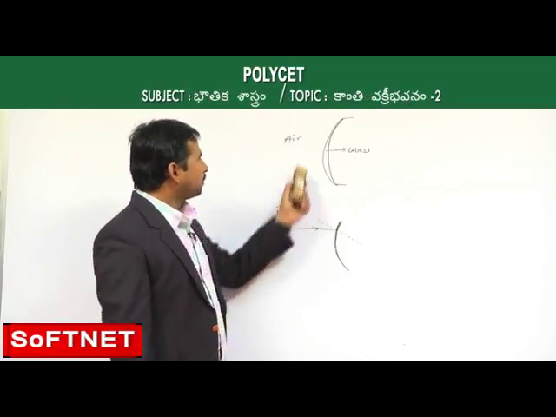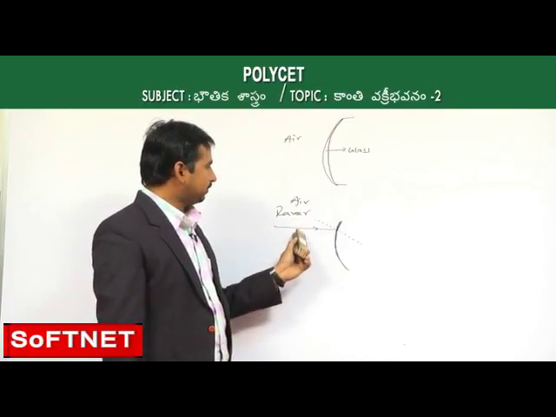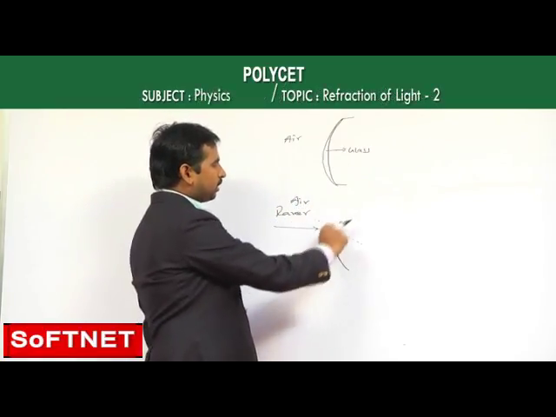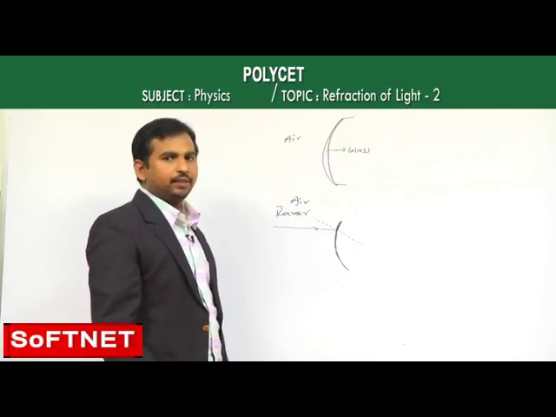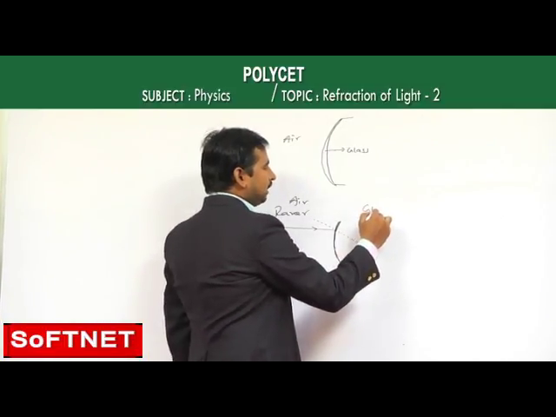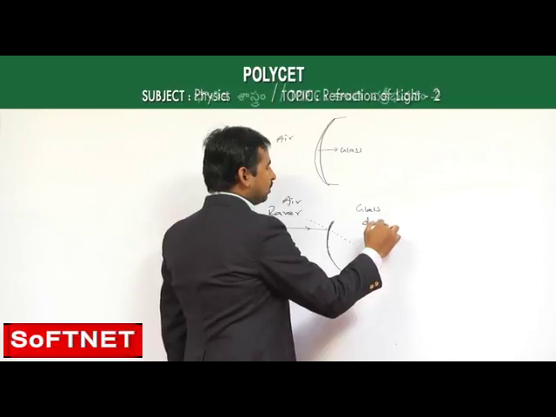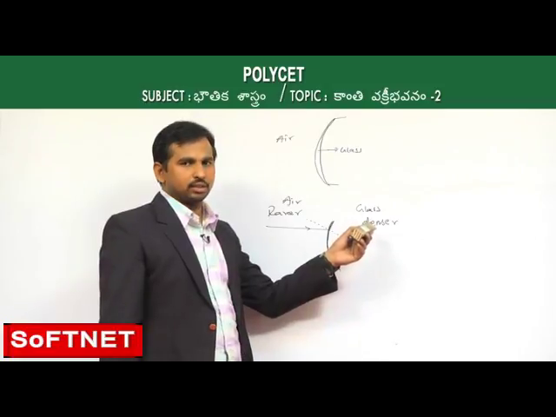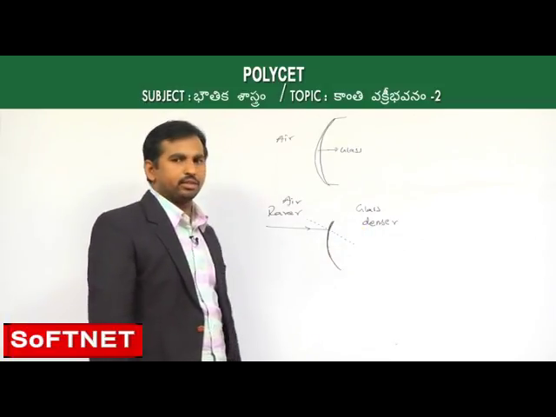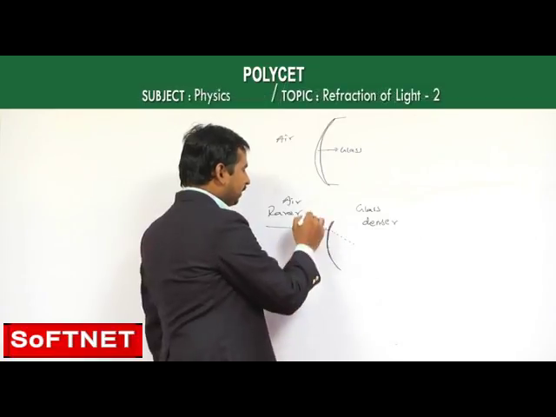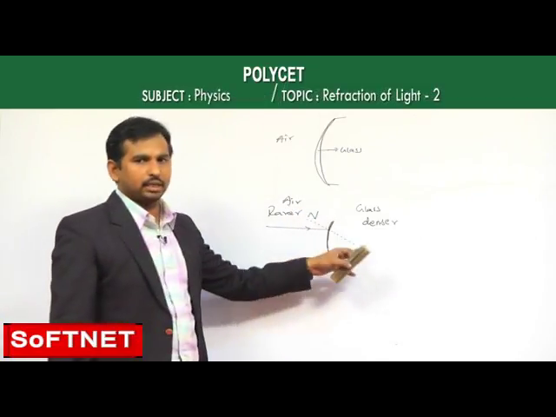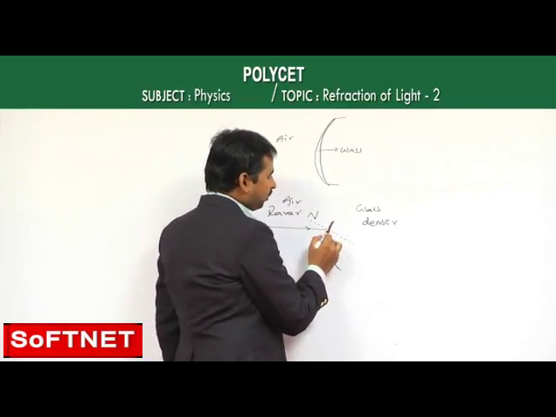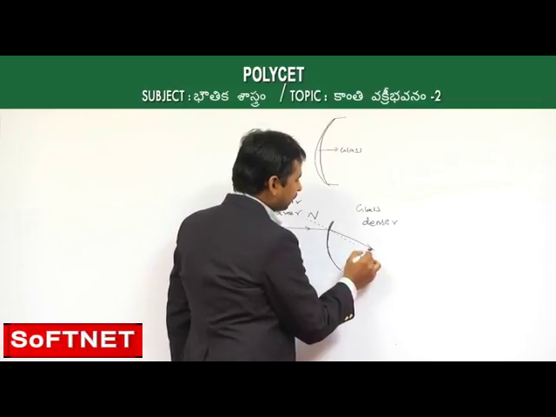As the light ray starts from air, which is acting like a rarer medium, and once it enters the glass on the right side, where glass is a denser medium, always when the light ray is coming from rarer to denser, the light ray bends towards the normal. For this curved surface, this is the normal. These dotted lines we represent as the normal, and the light ray bends towards the normal like this.